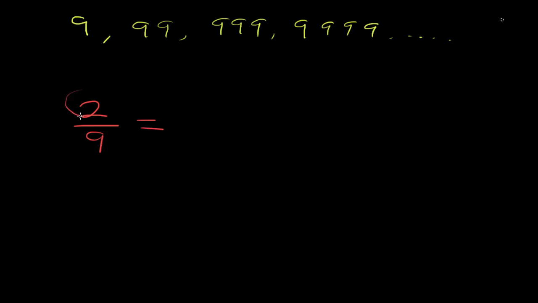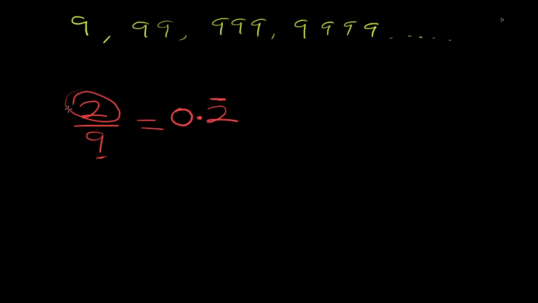So the decimal, let's take the numerator here. And then, because the denominator is 9, right? The denominator is just a single 9. This will become 0.2 repeating.